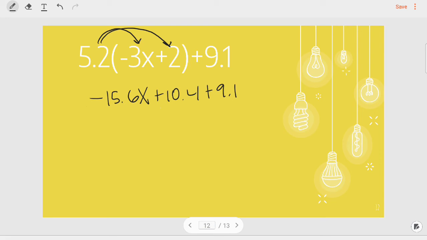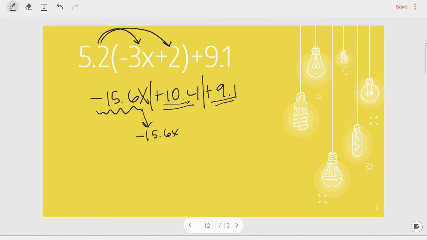Okay, now that I have parentheses gone, I'm going to make my snips between each plus and minus. So snip, snip. Okay, -15.6x. Are there any terms that have an x with them? As I look at the rest of my list, they are all missing any variable of any kind. So I'm going to bring down -15.6x on its own. As I look at 10.4, that has no variable.